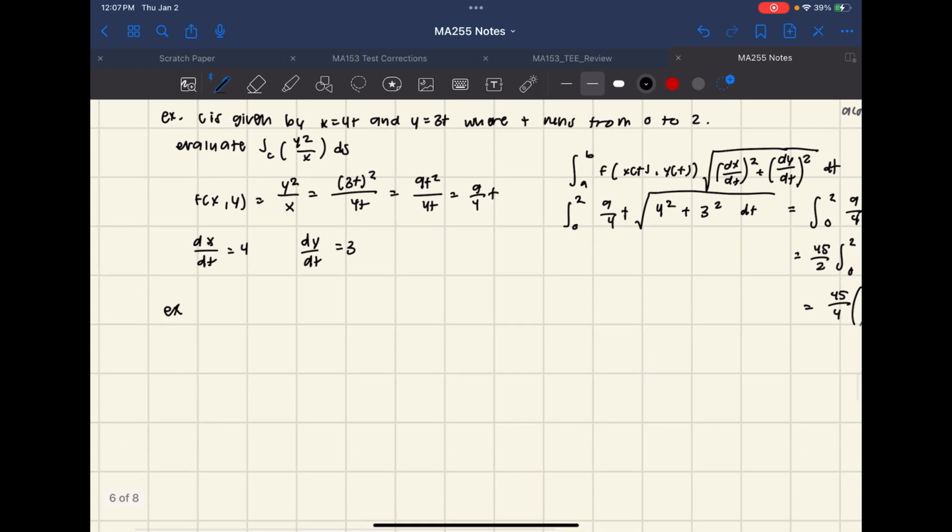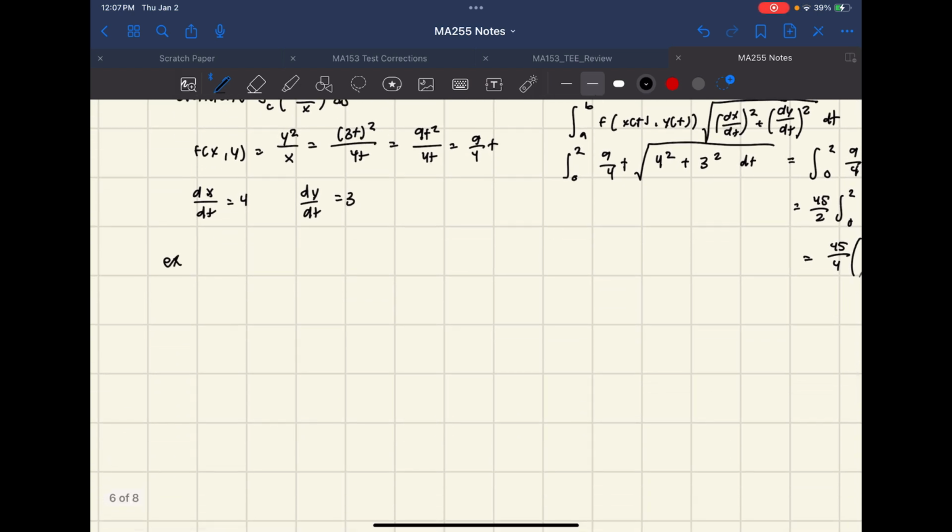Okay, let's do one more example like this. This is what we're given, and it's saying that the curve is the right half of the circle.